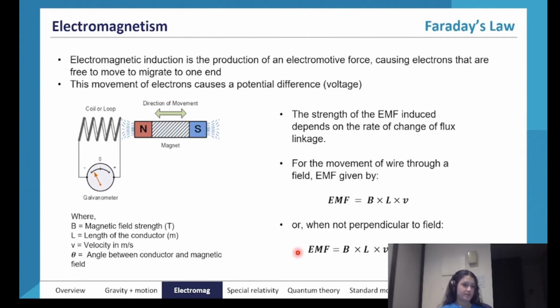If the wire itself is not perpendicular to the field, then we need to consider the angle at which the wire is at with the field. And this is, of course, because as the wire becomes more and more parallel to the field, it's going to be experiencing less and less of the force. So, if this is our field, and then we'll have our wire.